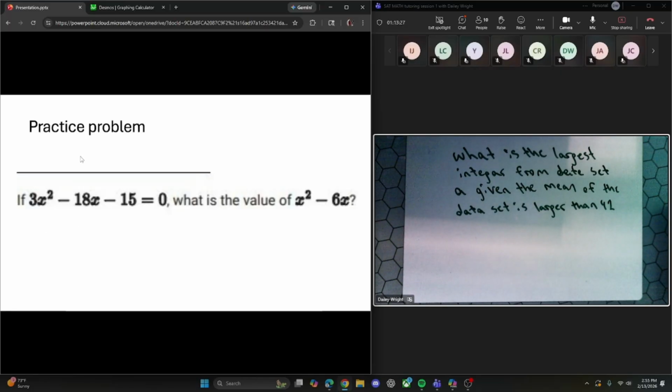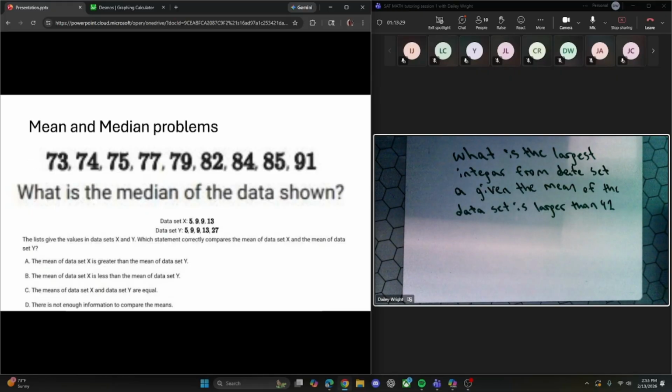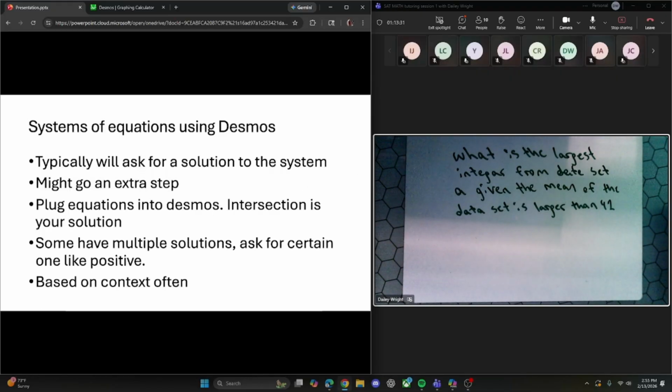So that can happen in a system of equations as well. So you would plug both equations into Desmos, like I have them plugged in here, and then the intersection is your solution. If you have multiple solutions, you might have a negative and a positive solution in some questions.